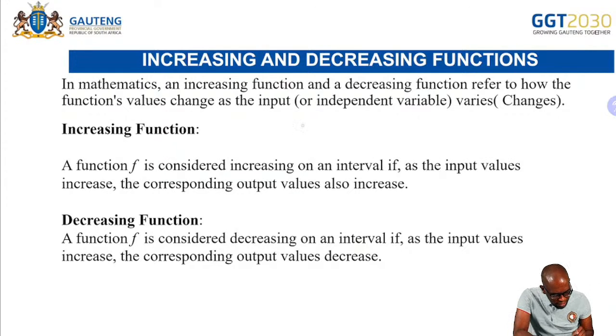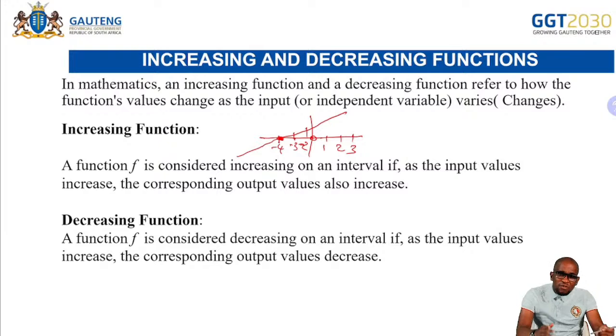So if you look at any of the functions and you locate that maybe it is starting here, it's a straight line like this. If you check what happens to the value of x: minus 4, minus 3, minus 2, minus 1, 0, 1, 2, 3, like that. If you check now what's happening to the y values as x increases from minus 3 to 3, y values are increasing.